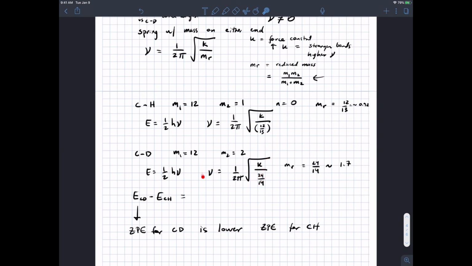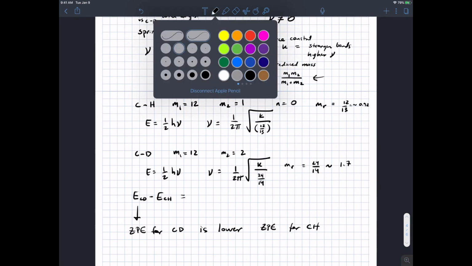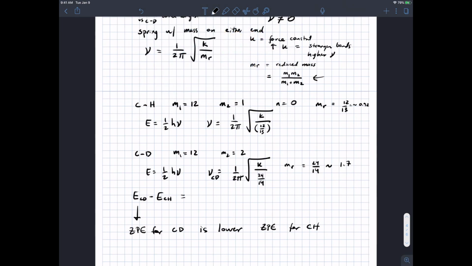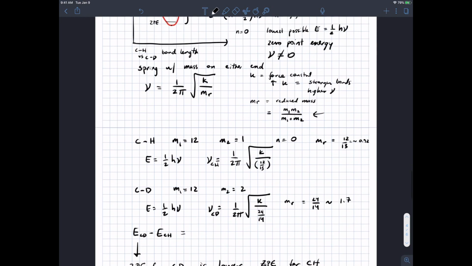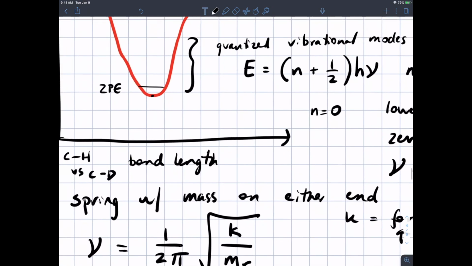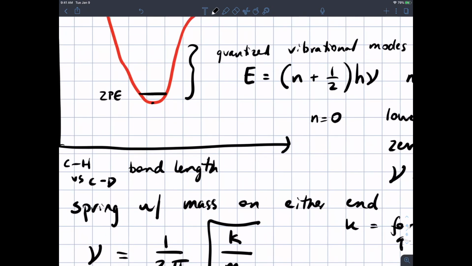So the vibrational frequency for the CD bond should be lower in energy than the vibrational frequency for the CH bond. So that puts the zero point energy for a CD bond lower down our potential well than the zero point energy for a CH bond.